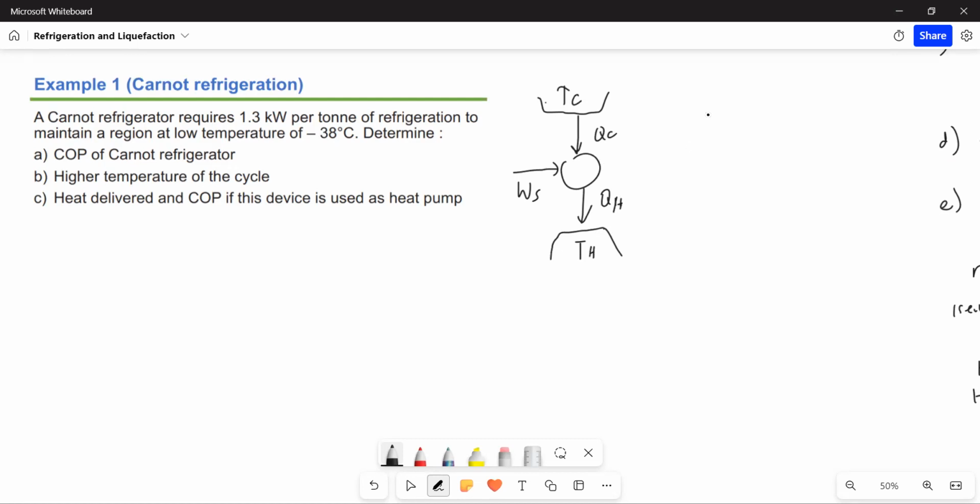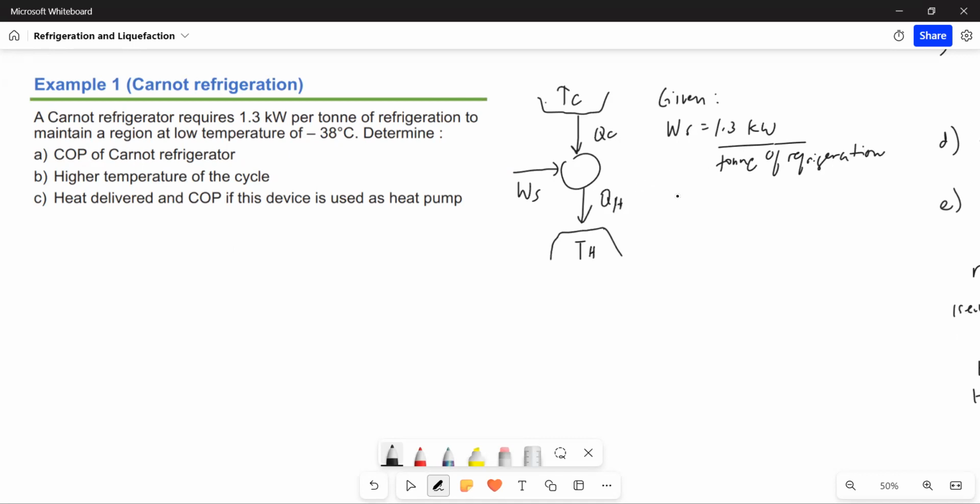Okay, and then we're given the work shaft is 1.3 kilowatts per ton of refrigeration.